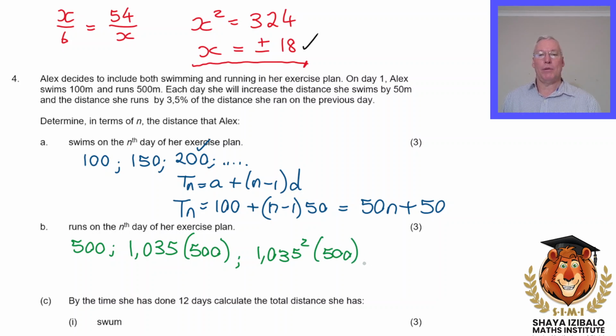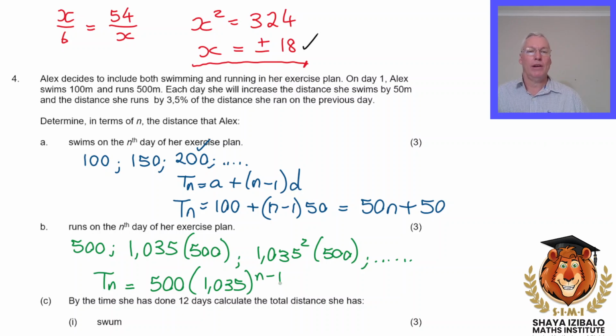And I think you can see what we've got here. We've got a geometric sequence. Right, and on the nth day, she will run, this is her running, a times r, where r is 1.035, to the power of n minus 1. That's how far she'll run on the nth day.